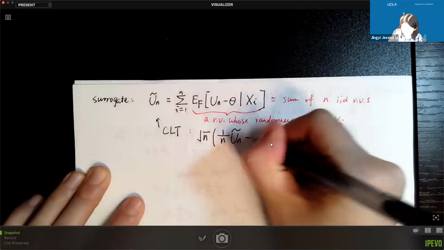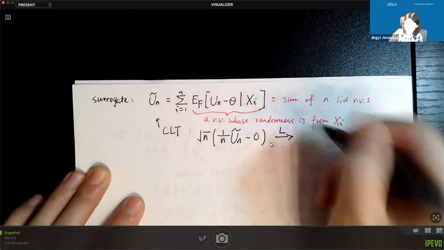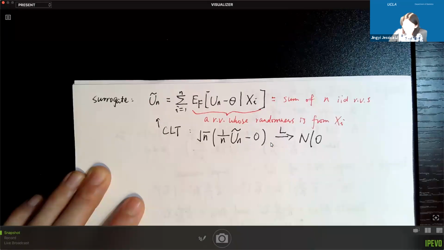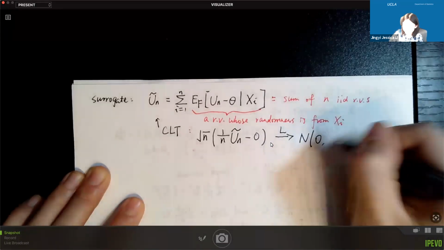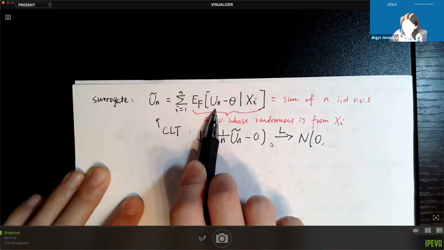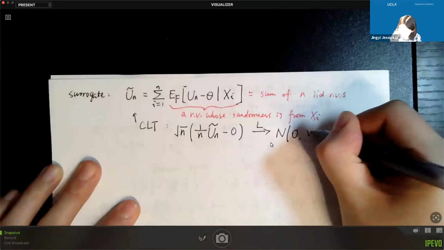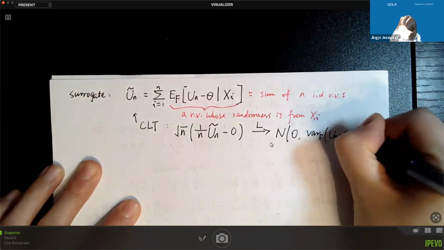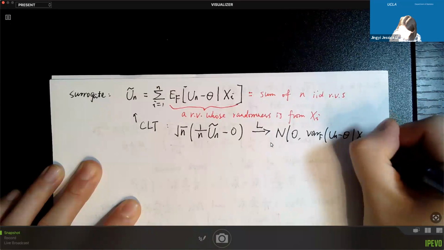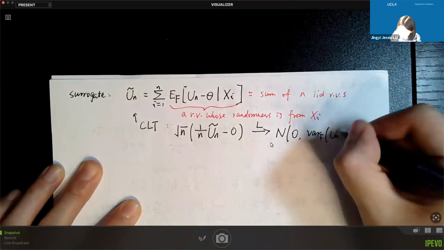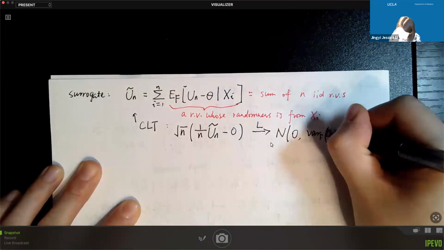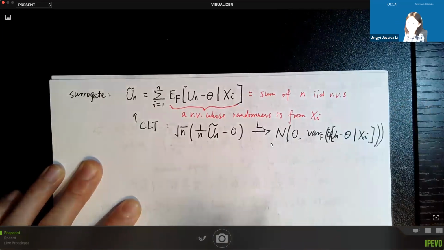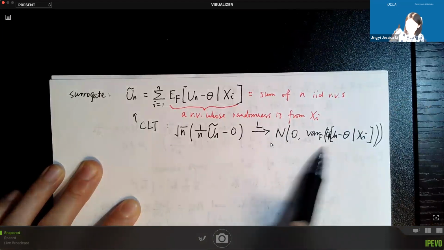Minus 0 converges in law to a normal distribution with mean 0, and the variance is the variance of each term. We will need that: the variance of the expectation of U_N minus theta given X_i. Oh my bad, I need the expectation. Sorry. So that variance is what I need in this asymptotic distribution.